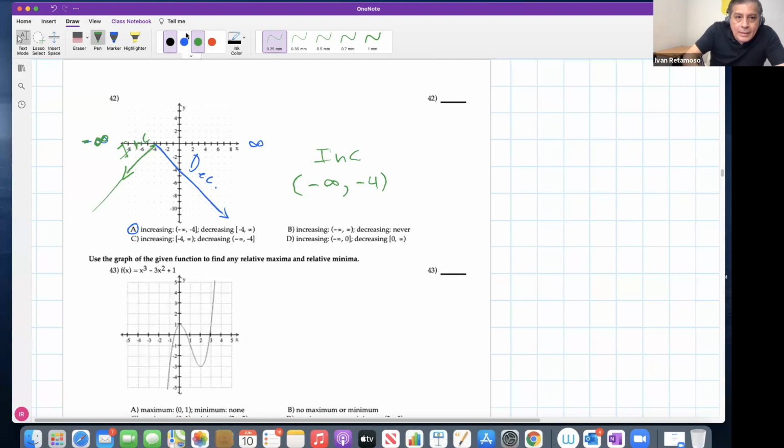And decreasing, where? Starting at -4, and let's put brackets there because this point is included. Starting at -4 and ending at infinity, because this continues decreasing without bound, without lower bound.